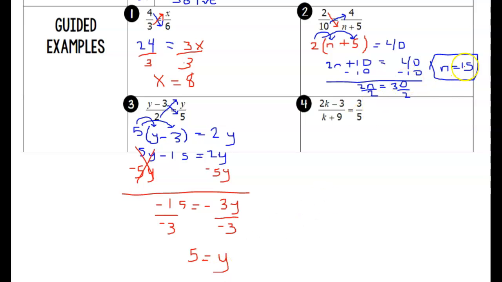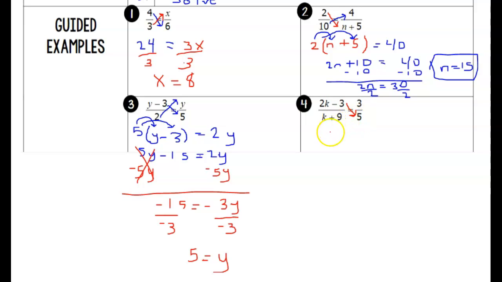All right, last one, guys. Remember, even though this is more complex, this is still a fraction. It's more complex, Alejandro, but it's a fraction. Over here, it's set equal to another fraction. I see 2 fractions equaling each other. Instantly, I think cross multiplication. So I'm going to cross multiply 2k minus 3 times 5.